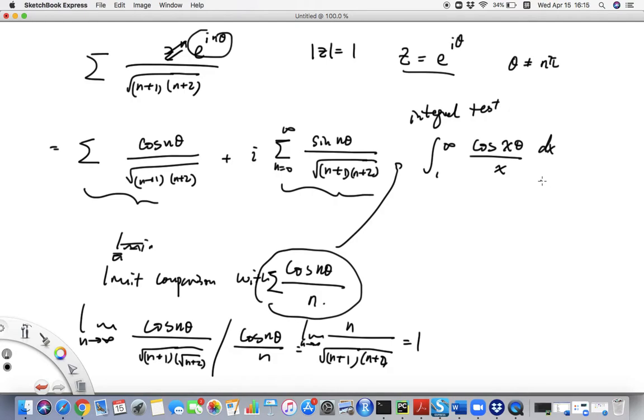Then you do a u substitution. You let u equal x theta. Then this is the integral from theta to infinity of cosine u over u du.